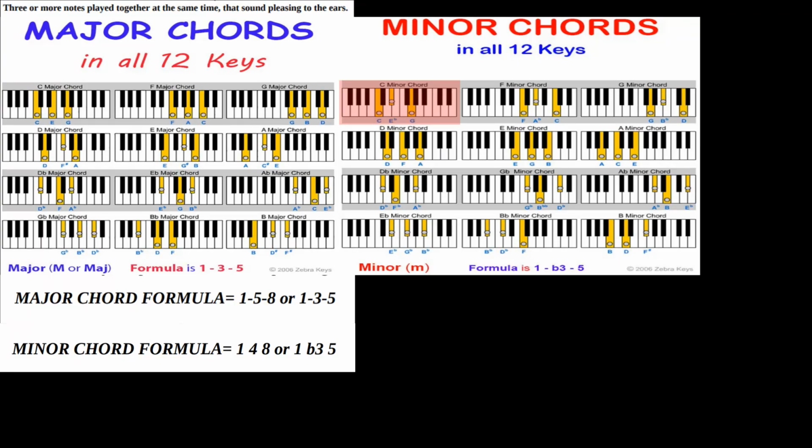In the case of C major, this would be C, E flat, and G instead of C, E, G. The alternative was 1-4-8. Again, you would count the half steps between each note. From C, the 4th half step up would be E flat, and the 8th half step up would be the G.